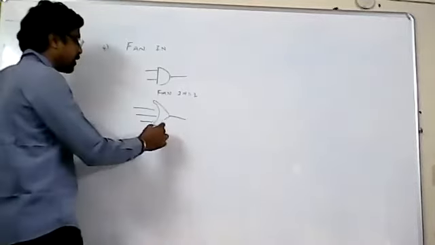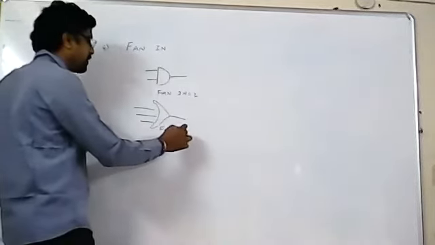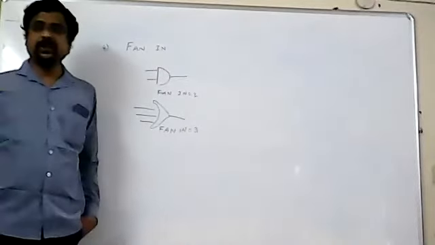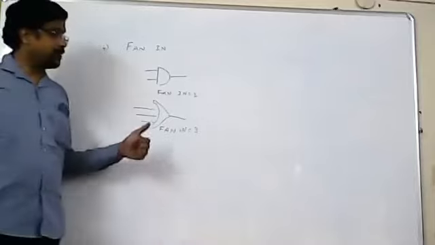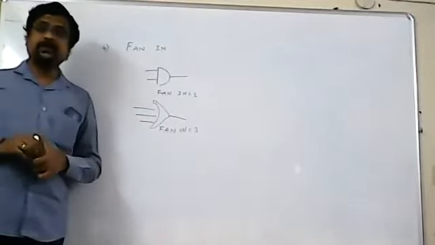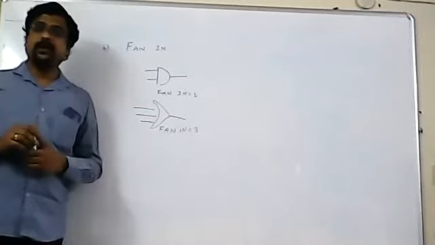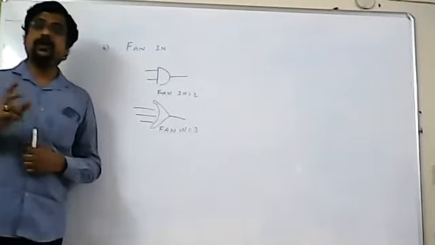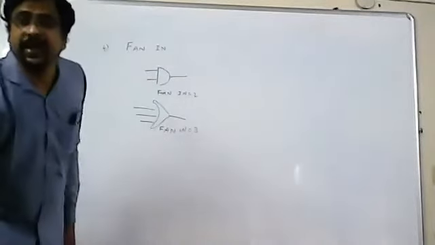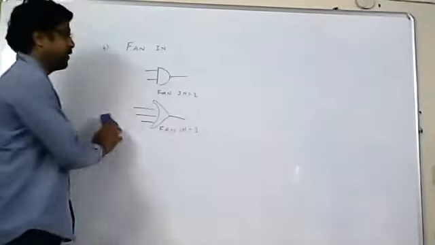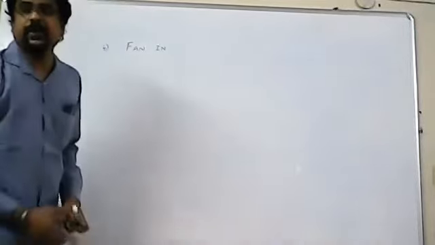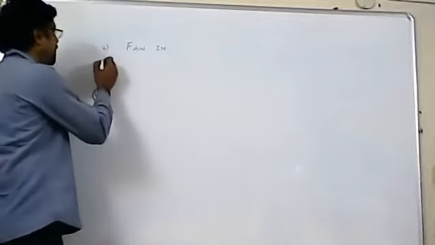That means my fan-in value is 3. So the significance of fan-in is that it specifies how many input terminals the gate has. If I say fan-in is equal to 10, that means the number of inputs to the gate is 10.